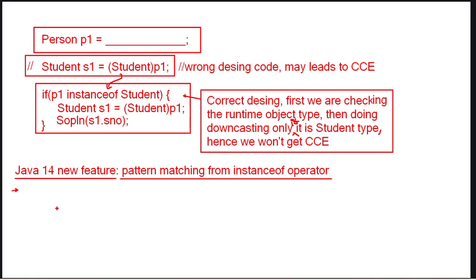In Java 14 version, we can combine the instanceof operator condition and downcasting statements in a single line.